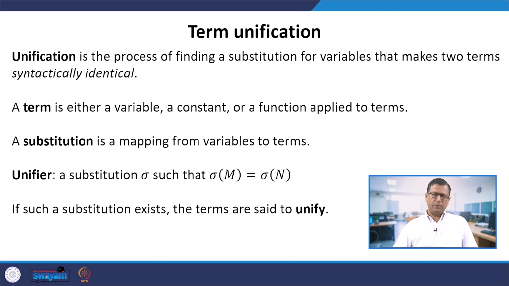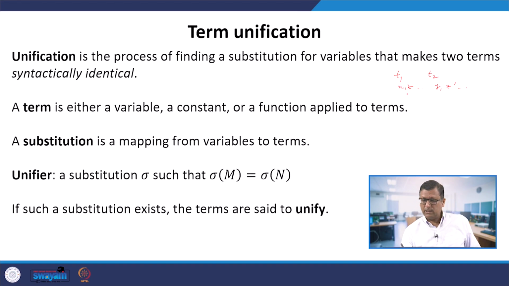That means if T1 and T2 are two terms, they involve different variables, say x, y, etc. The idea is that we have to make them identical, so they look alike. That is the meaning of syntactically identical: there will be no difference.